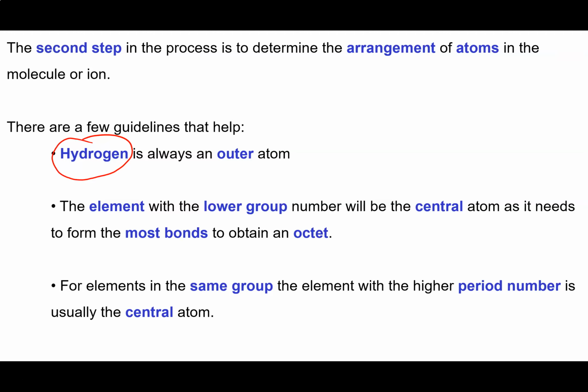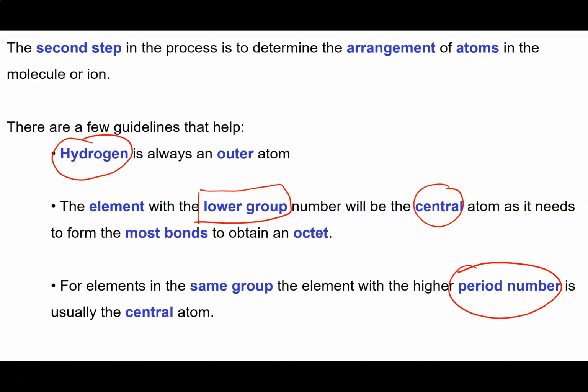And then what you want to look at, once you've confirmed what has to be an outer atom, is what atom has to be in the middle. The element with the lowest group number will be the central atom. And if there are 2 elements that are in the same group, then it's going to be the one that is lower down in the periodic table that will be your central atom.